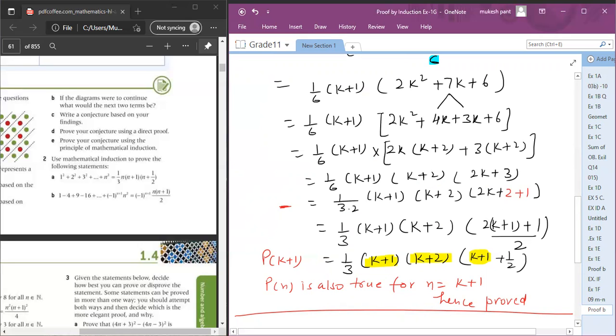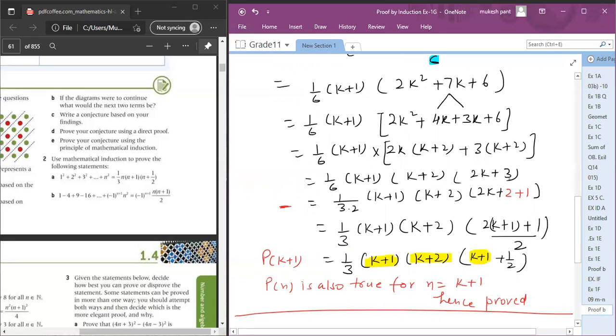K plus 1 here, k plus 2. If you wish, you can write k plus 1 here, and then this 2k and 3 I am writing as 2k plus 1. Why am I writing 2k plus 1? Because I know in the last I have to bring 1 over 2.